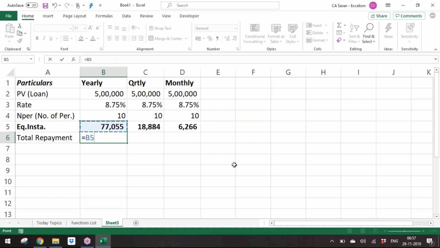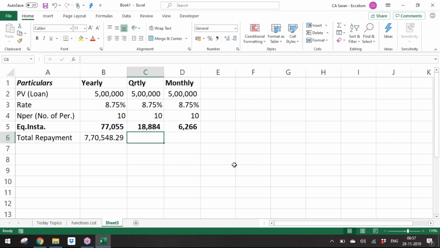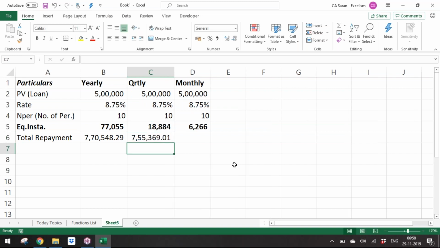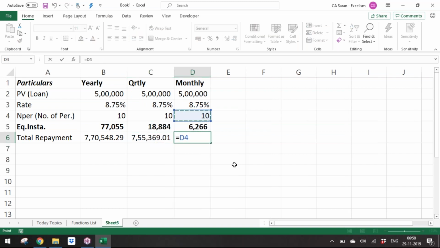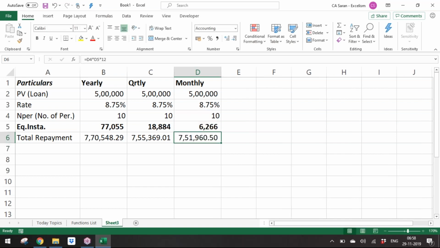This into this. Do you agree with me? Yes. This into this into 4, this into 12. Absolutely.